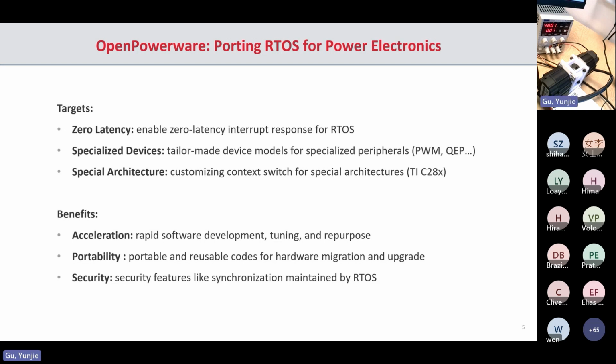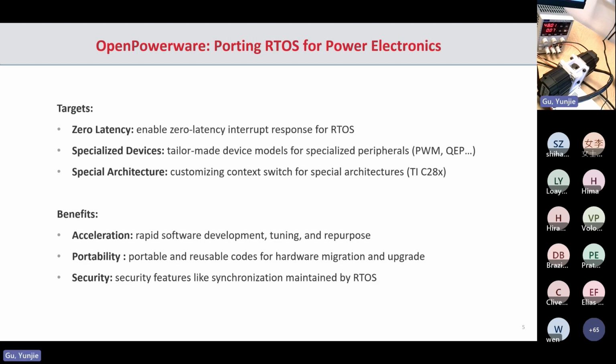Yeah, the one I mentioned, the zero latency. Power electronic control requires a very small latency. And also there are some special devices, say the PWM and the encoder for motors, and the special tailor-made ADC devices. These are quite different from the mainstream peripherals on MCUs.